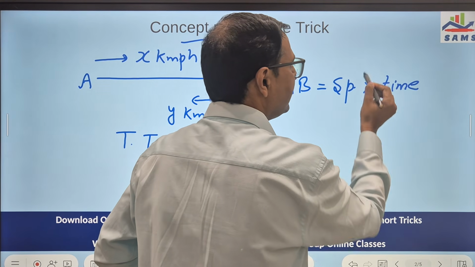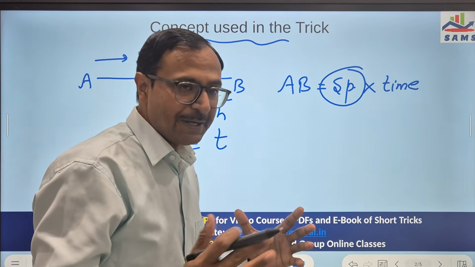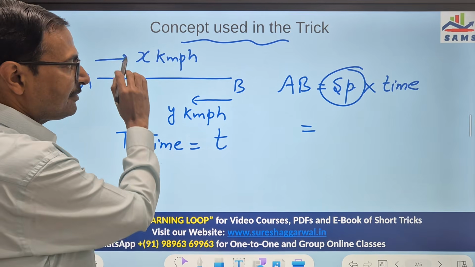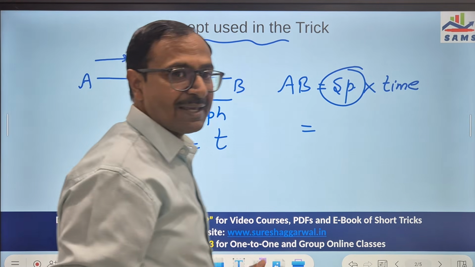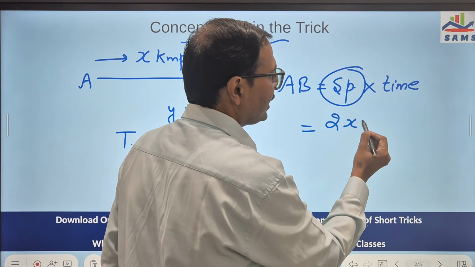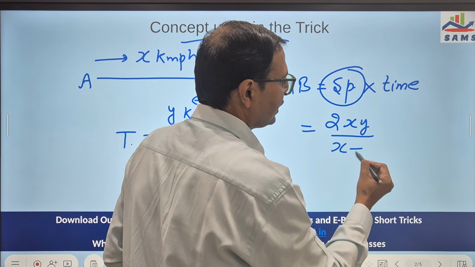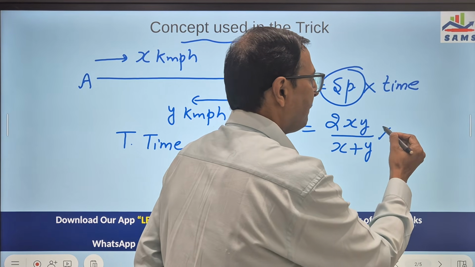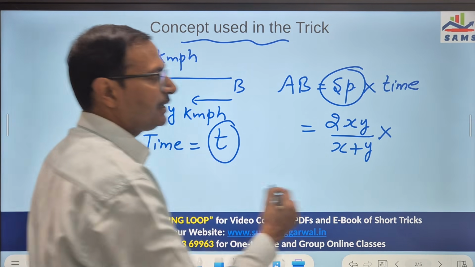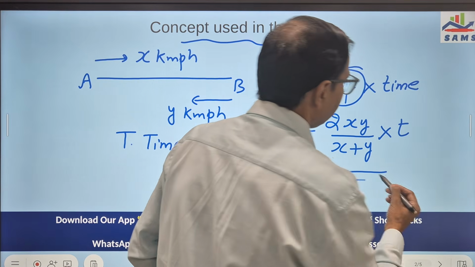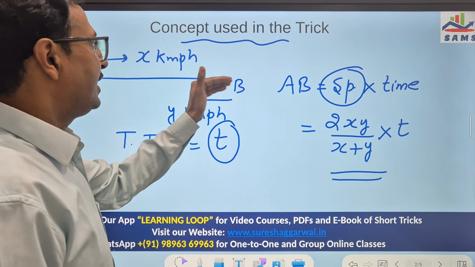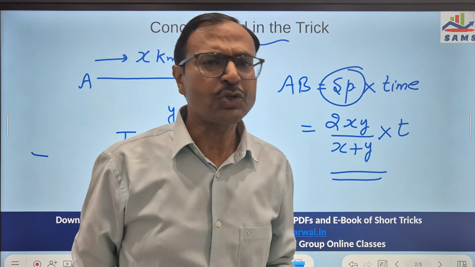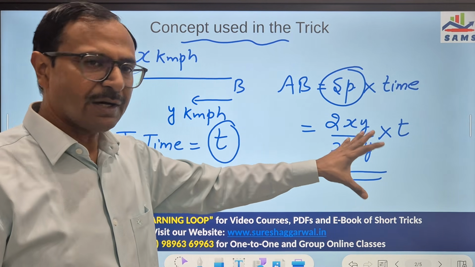This speed actually is the average speed, and the average speed for two speeds x and y covering the same distance is given by 2xy upon x plus y. Then the job is done. You just have to multiply this average speed by the time t, and you get the distance which is covered at the speed of x and at the speed of y. So this is the concept used in the trick.